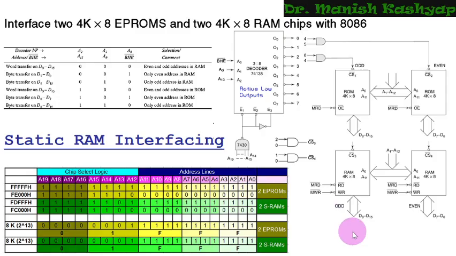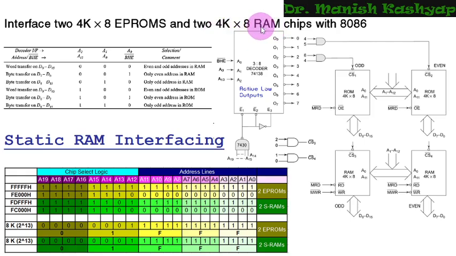The only point is, if you are firm in the concepts that we have developed for 8086, this will sound very easy to you. So we have two 4K cross 8 EPROMs, that means one for even bank and another for odd bank, and we have 4K cross 8 RAM chips. So these are also 2 in number.